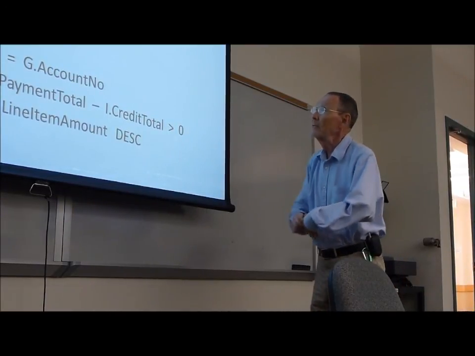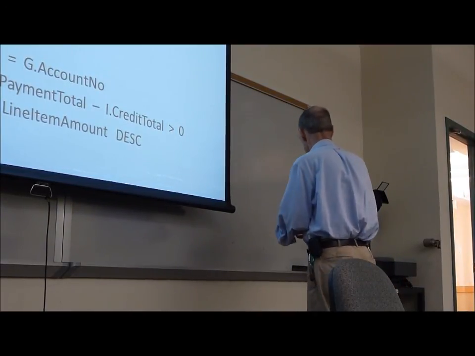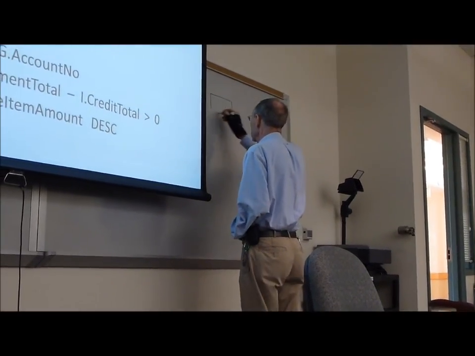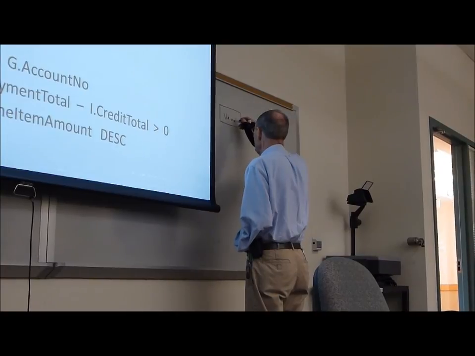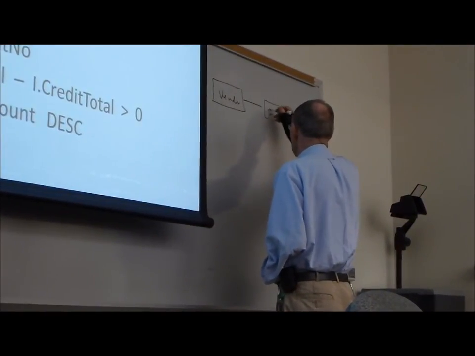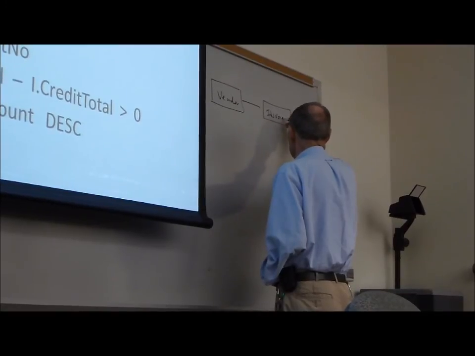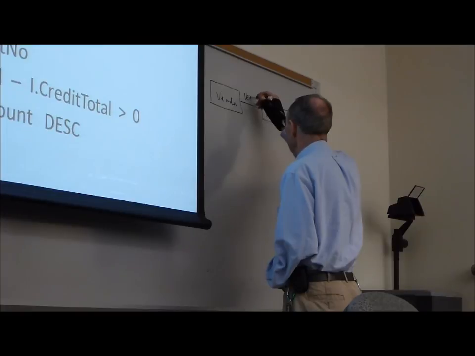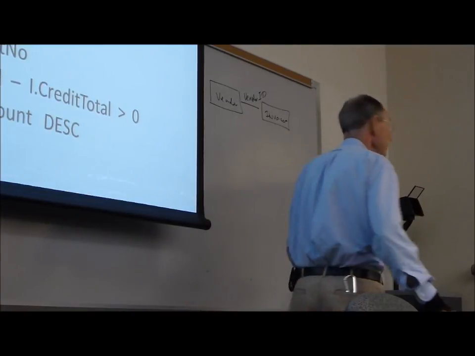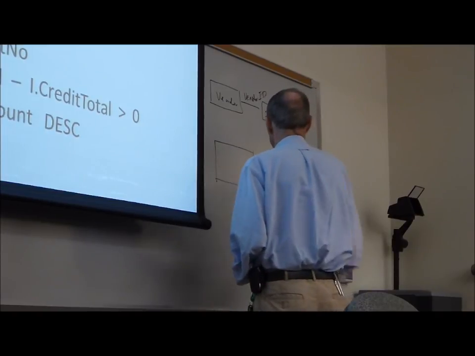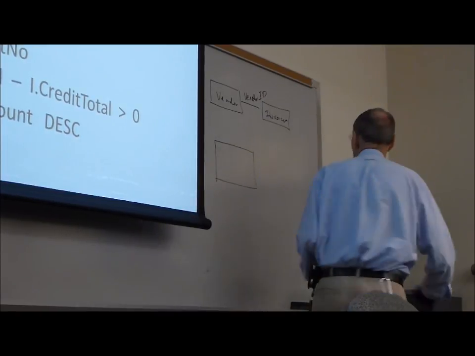First of all, I'm going to do a kind of symbolic thing here: join vendors and invoices, and we join on vendor ID. And I get an intermediate table. That's the result of that join.